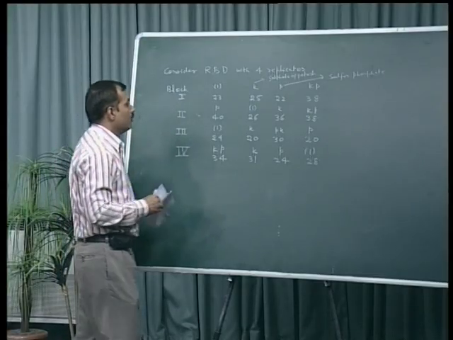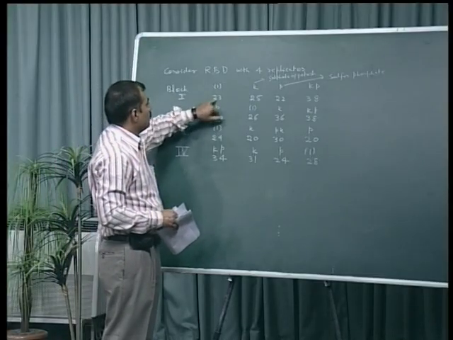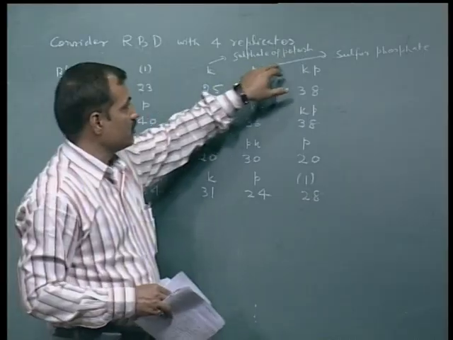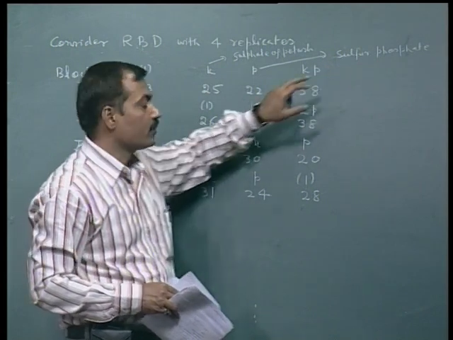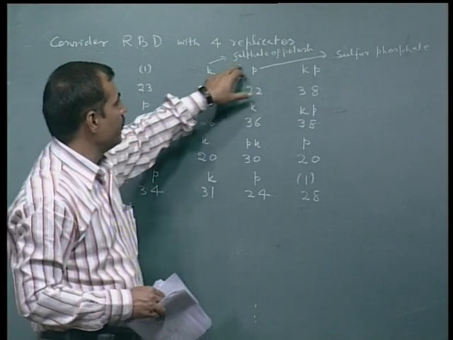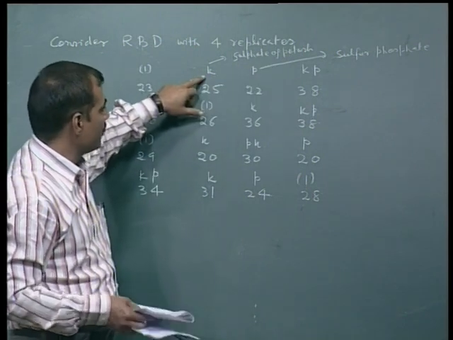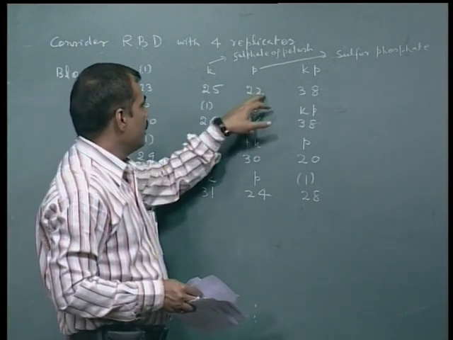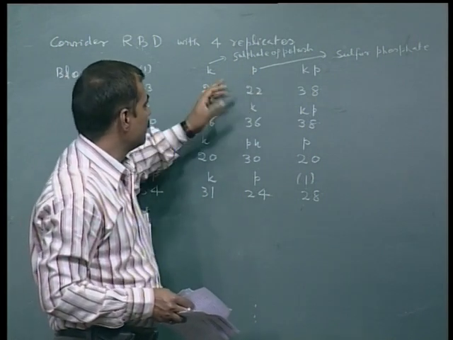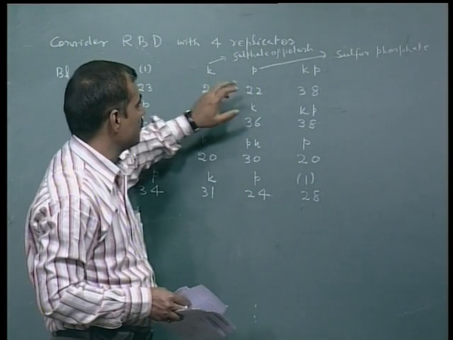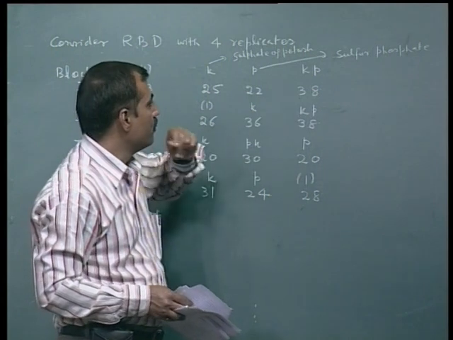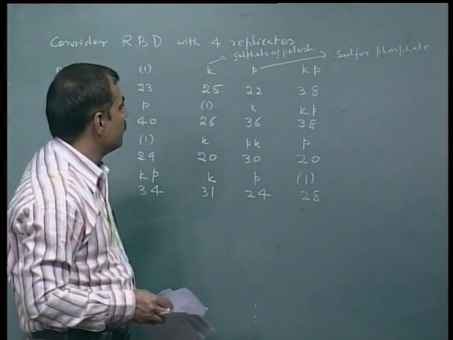Now, 23 is the yield when neither sulfate of potash nor sulfur phosphate is applied. Yield 25 is when only sulfate of potash is applied, and yield is 22 when only sulfur phosphate is present, that is sulfate of potash is absent, and 38 is the yield when both chemicals are applied for a particular crop.